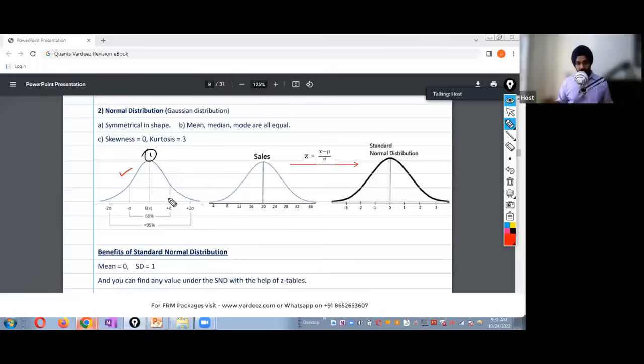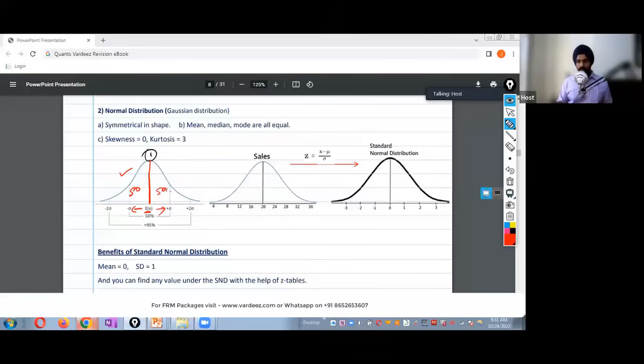It helps us understand our data in a much better way. If my data is like this, by just having a look at it, I can say that 50% of my values are to the left of the mean, and 50% of my data is to the right of my mean, the average.